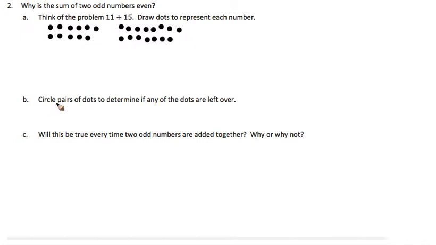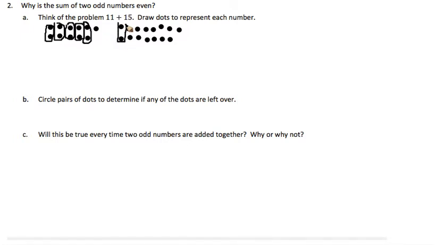In the same way, we're going to circle pairs of dots to determine if there's anything left over. Our pairs are obviously representing dividing by 2. And if you recall the definition of an even number, it can be divided by 2 with nothing left over.